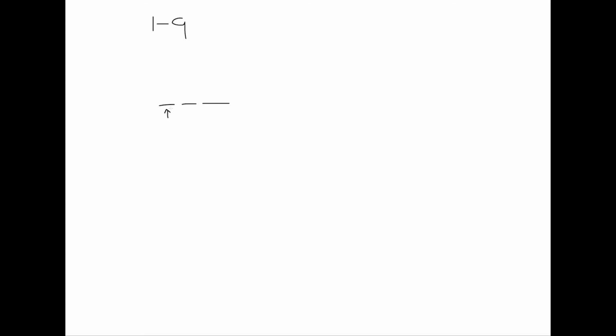Well, we know that this first number can be anything from 1 to 9, right? So it can be 9 different numbers. What can this second number be? Well, this number can be anything from this initial amount of 9, and we picked out 3.